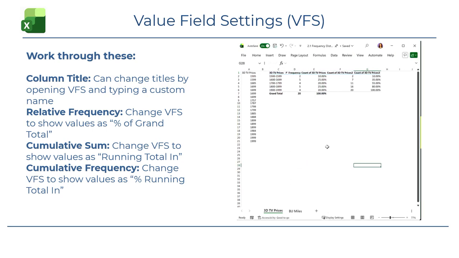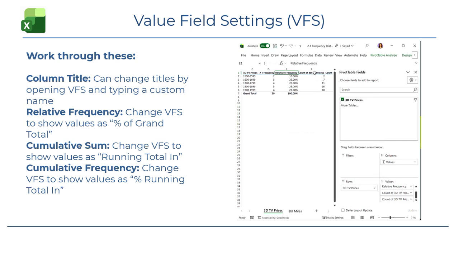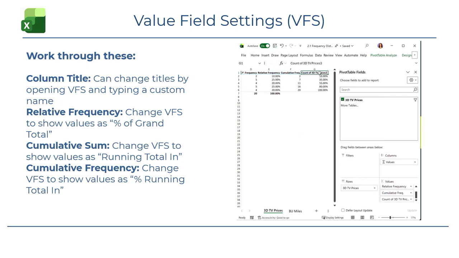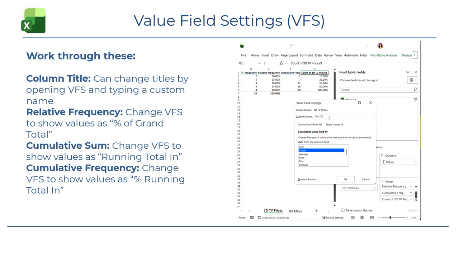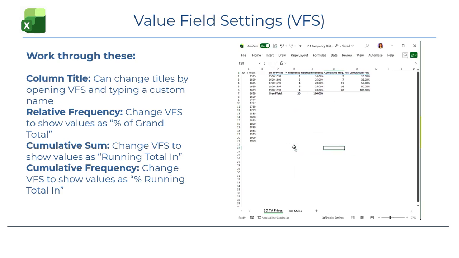And then I can see that my pivot table now has a frequency, has a relative frequency, has a cumulative frequency, and a relative cumulative frequency. So that is all of the fun things that you can do within Excel.